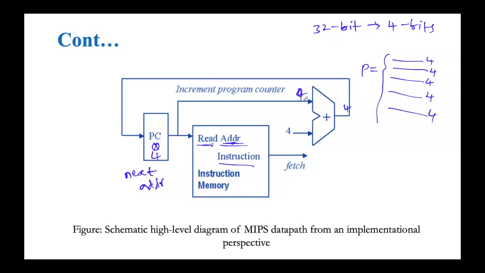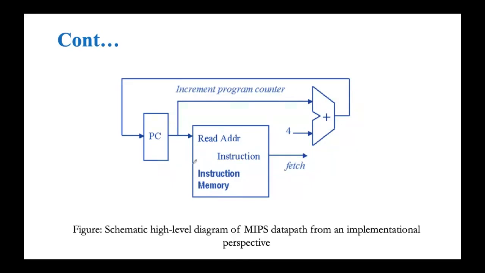Then it will add 4 plus 4, that is 8, and it will store that here. So the output of this one is 8, the address of the next instruction. This 8 comes here, so 8 plus 4 is 12. So it goes on with this process.